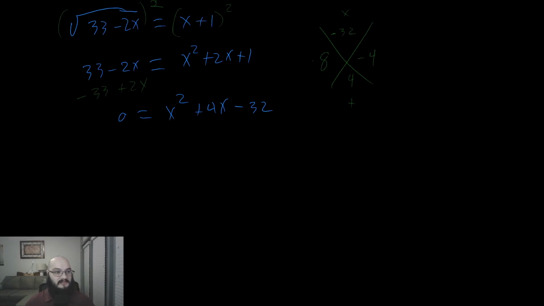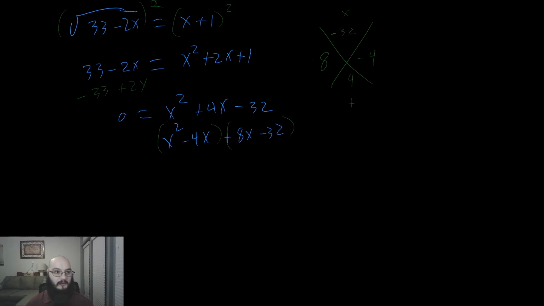So we'll split this up, and this will be x squared minus 4x plus 8x minus 32.